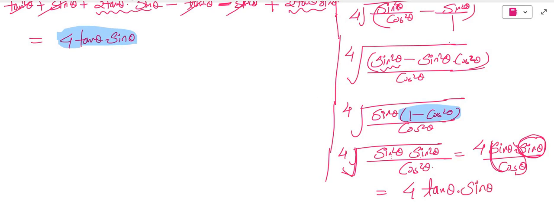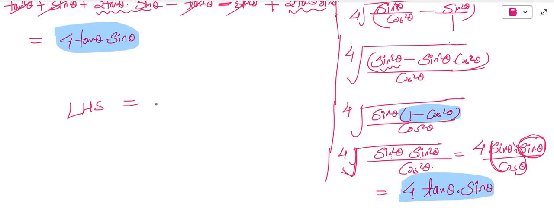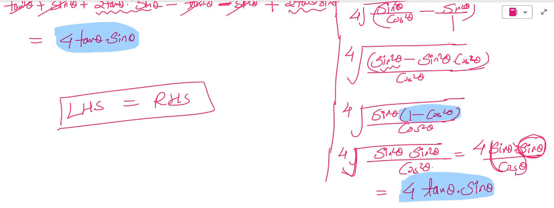Okay, so can you see what we are getting on the right hand side? Isn't it the same as we got on the left hand side, right? So left hand side is the same as right hand side, hence proved. That means the question has been proved.